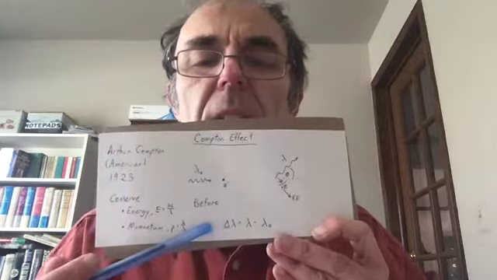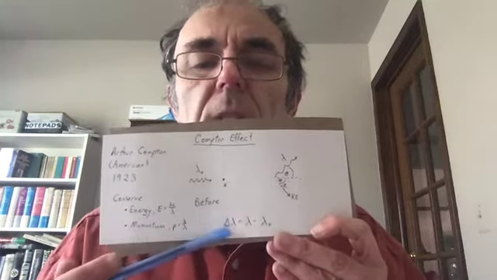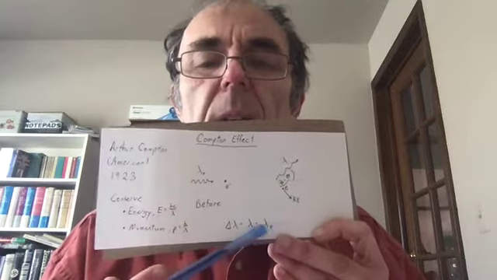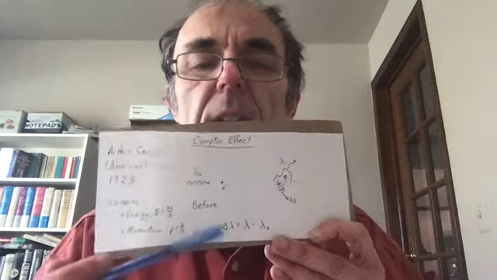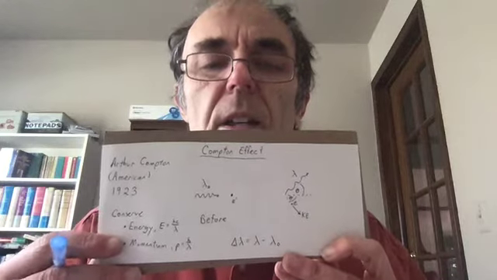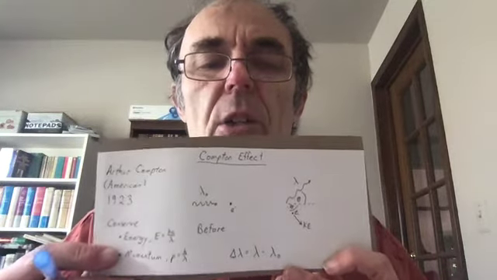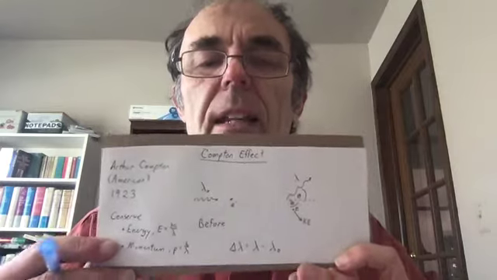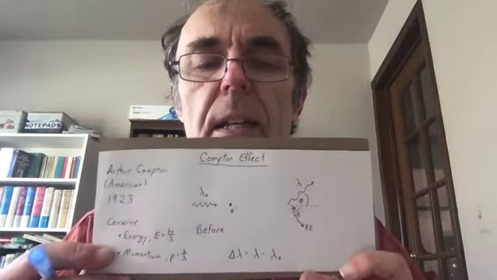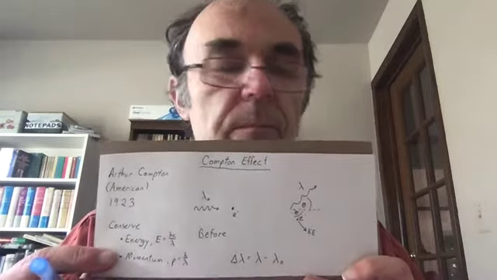And what he found is that he could predict the change of the wavelength, the wavelength of the scattered photon minus the wavelength of the incident photon, delta lambda. The shift in the wavelength came just from this simple analysis, treating light as a pure particle that obeys the rules of collisions.